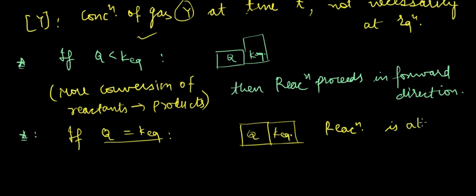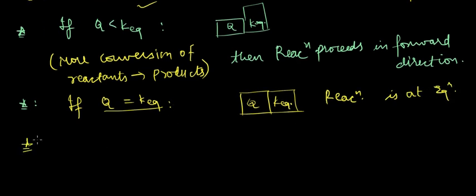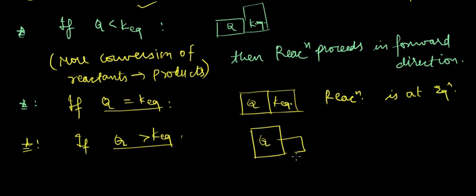And the third case is obviously if Q is greater than K, then the reaction proceeds in the backward direction.